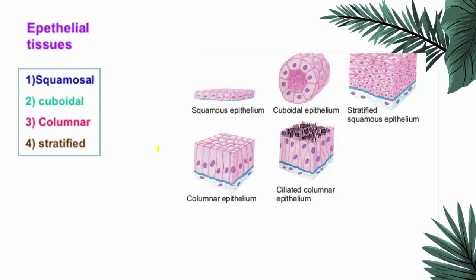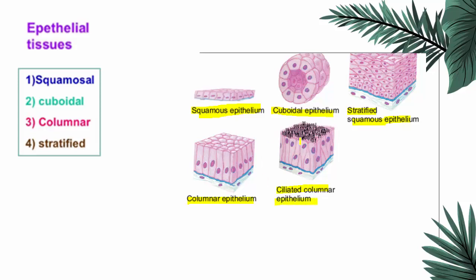The first one, squamous epithelium. Second one, cuboidal epithelium. Another is columnar epithelium. One more is stratified squamous epithelium, and the last one, it is also the type of columnar epithelium, ciliated epithelium.